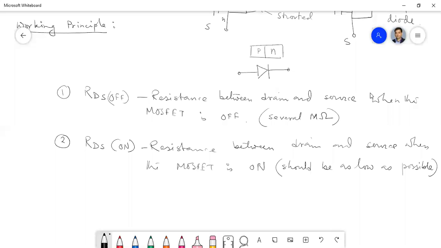So due to this RDS on, there will be a huge power loss because of this ohmic power loss. Clear? So the value of this RDS on should be as low as possible to reduce the on-state power loss of power MOSFET.